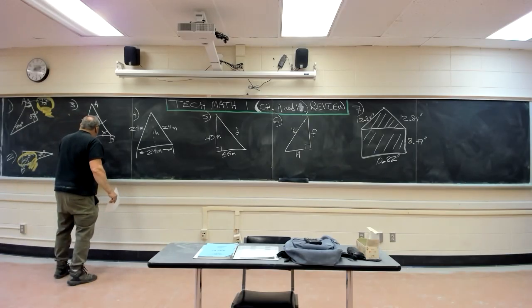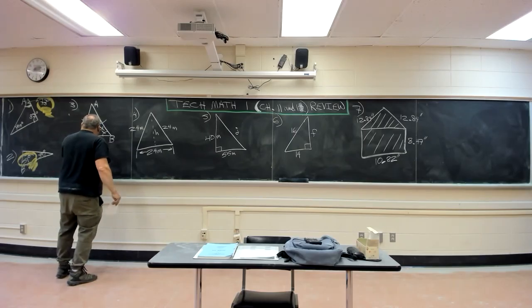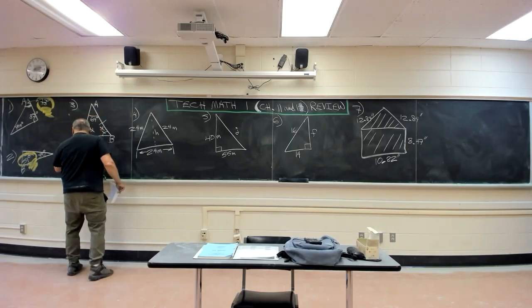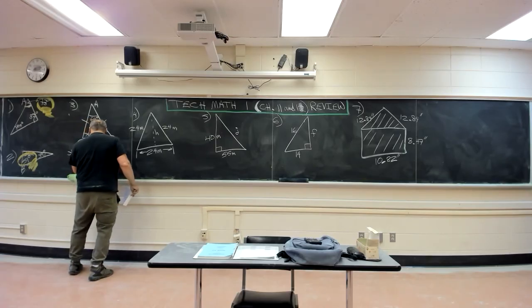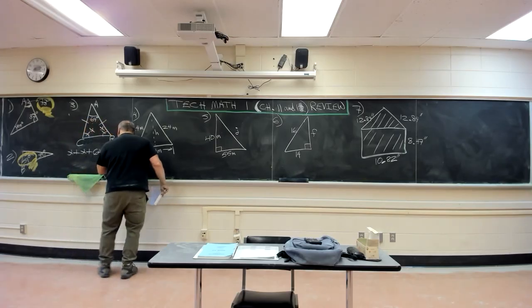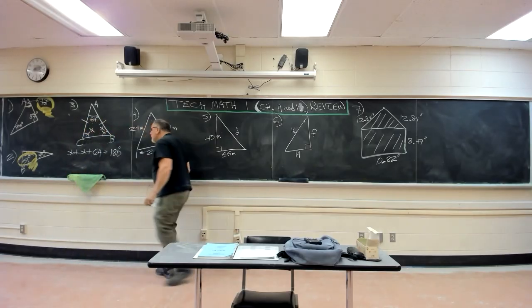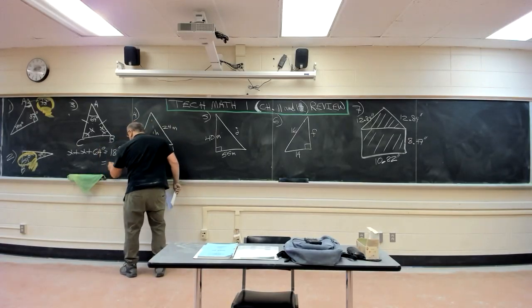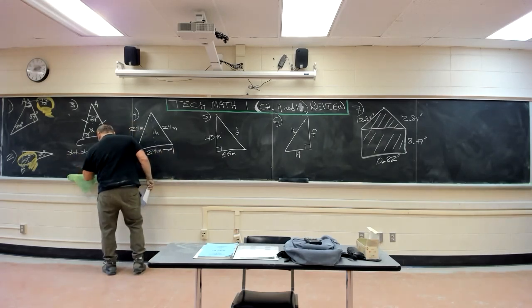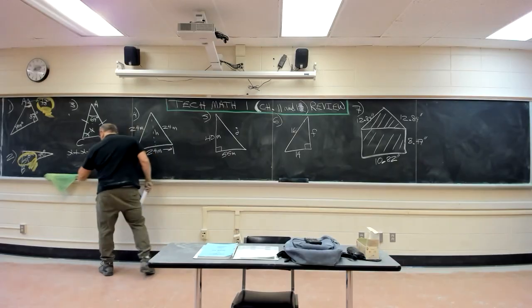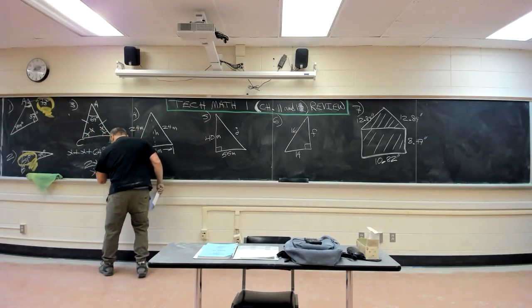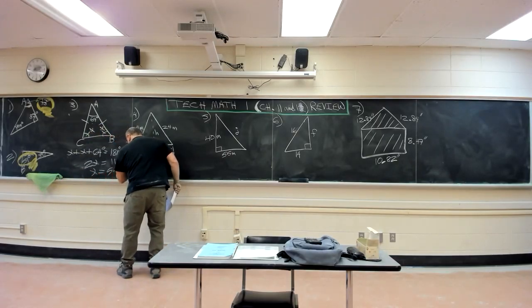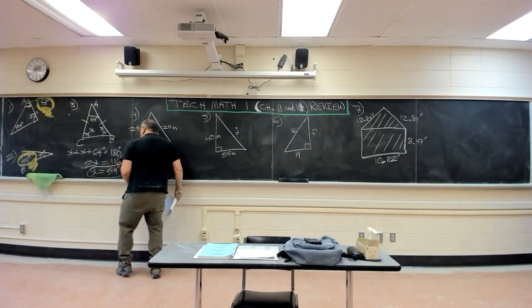So if this guy's x and this guy's x, then x plus x plus 64 is going to give you 180 degrees. Subtract 64 on each side, and you get 116. X and x is 2x. Divide by 2 on each side. You not only found one, you found both.